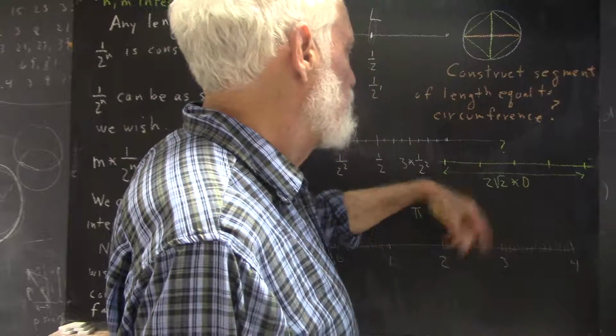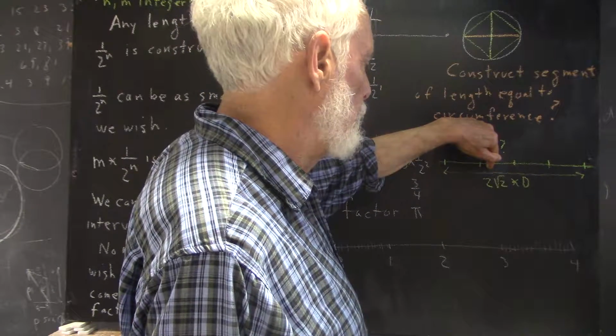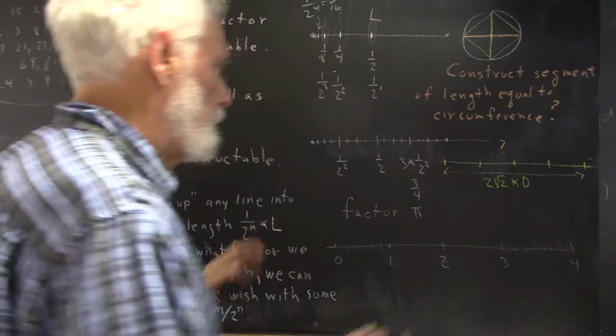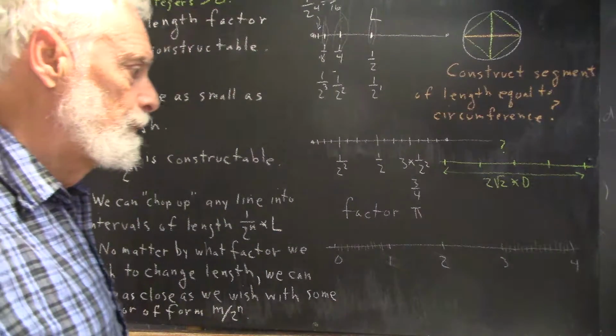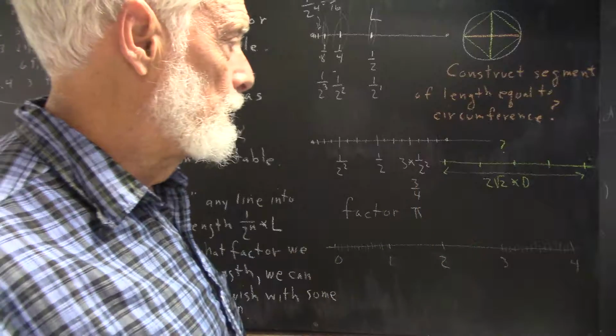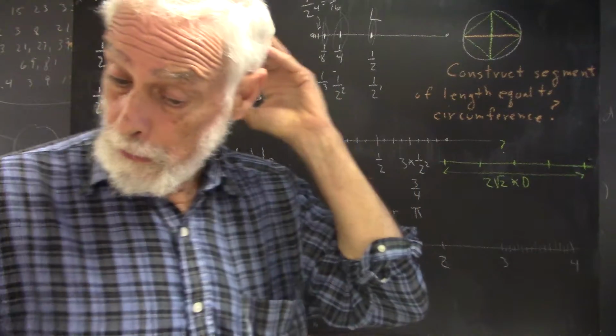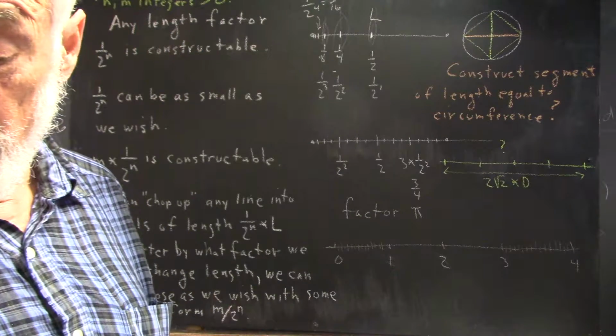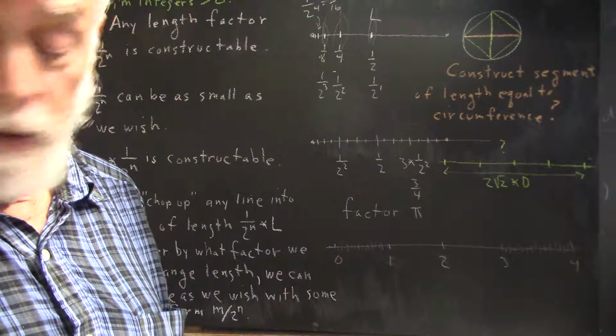So we're somewhat short. We're around 2.8, where pi is around 3.1. So we're off by about 0.3, about 10%. So we didn't do a great job, but we aren't that far away. We got 90% of it.